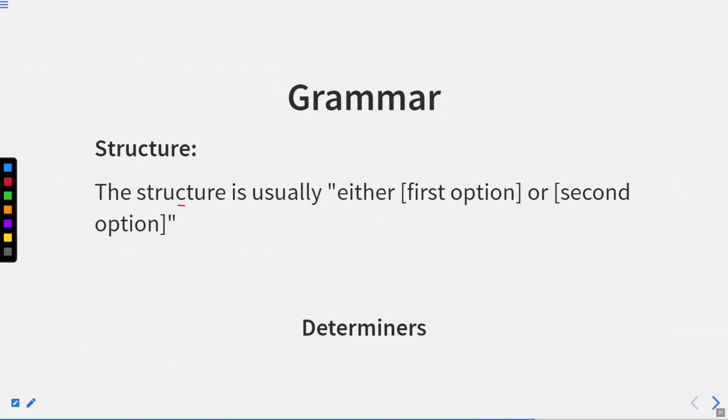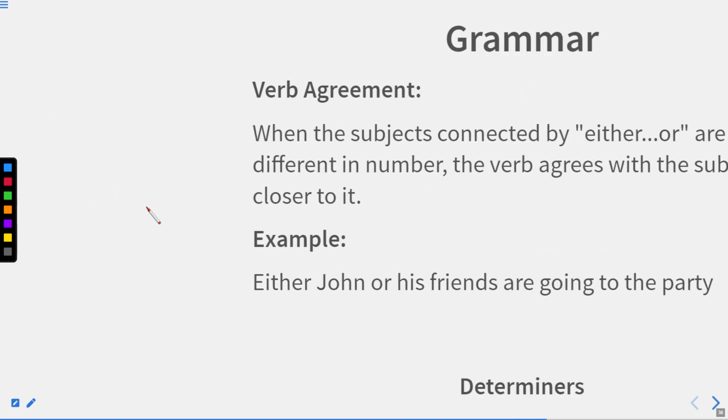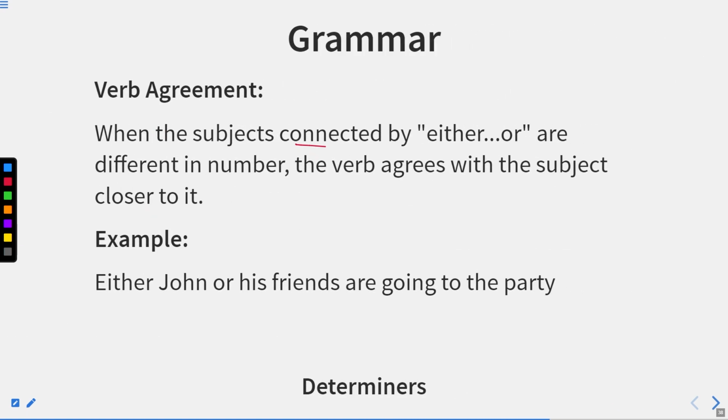This structure is usually either plus first option or plus second option. And in this case, when the subjects connected by either or are different in number, the verb agrees with the subject closer to it. Either John or his friends are going to the party. Now, friends is a plural noun, so are is a plural verb.